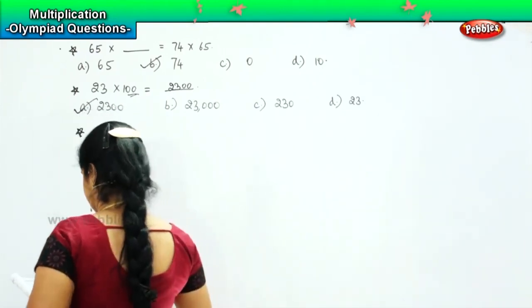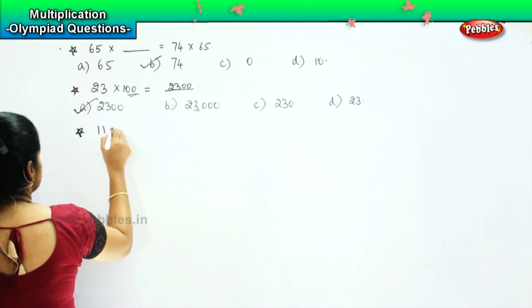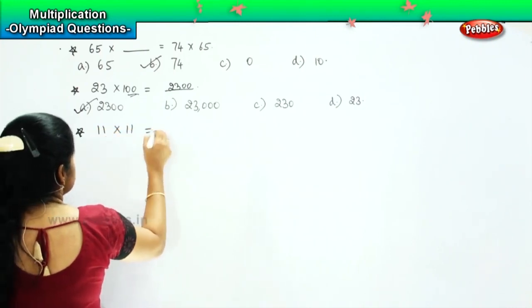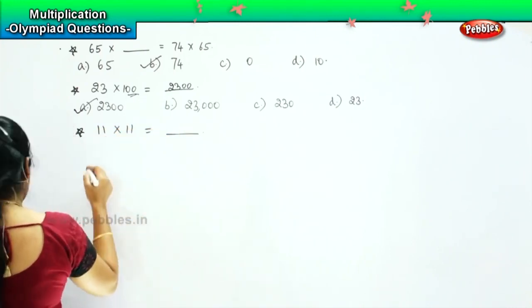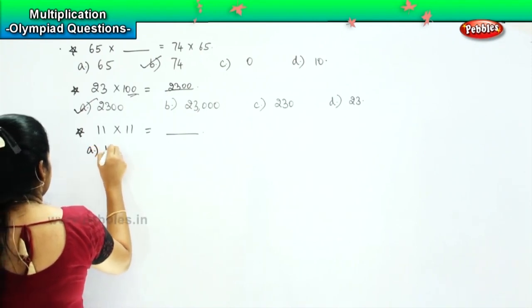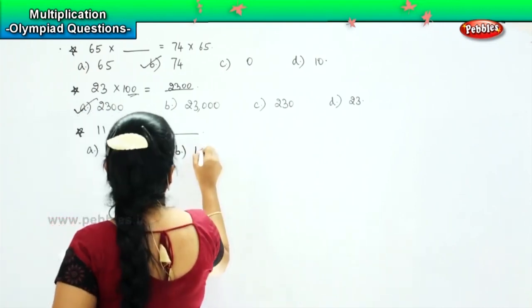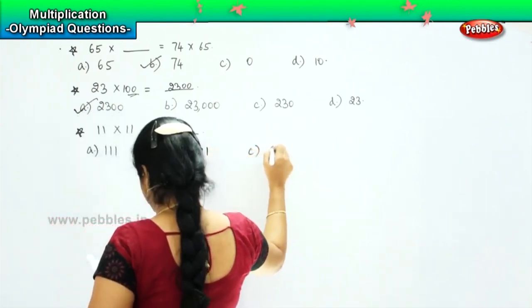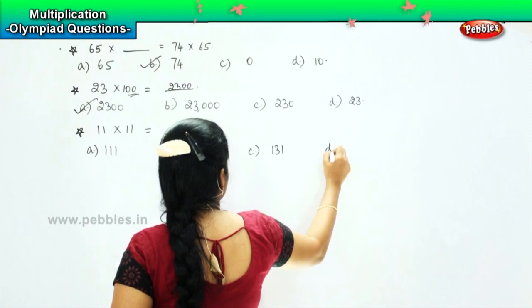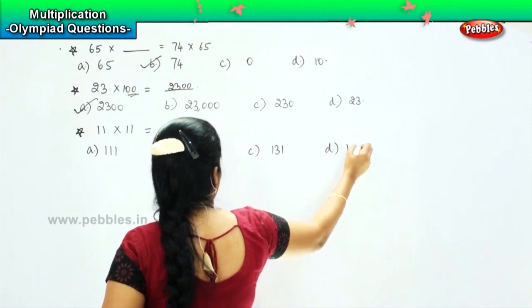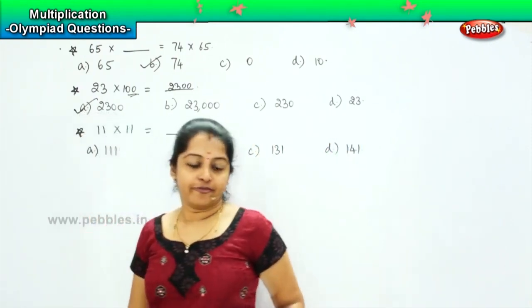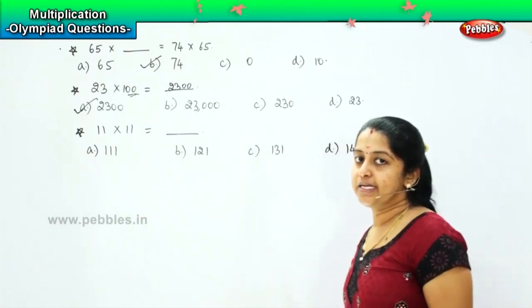So the next question is 11 into 11 is equal to dash. Okay, and your options are 111, option B 121, option C 131, and option D 141. Fine. So now shall we multiply and see here?